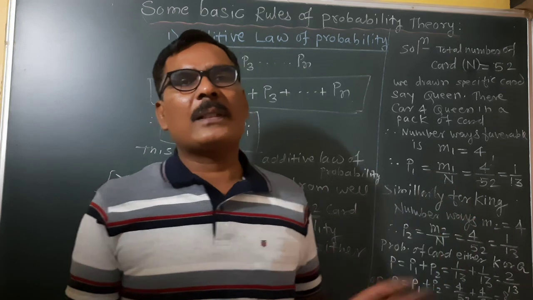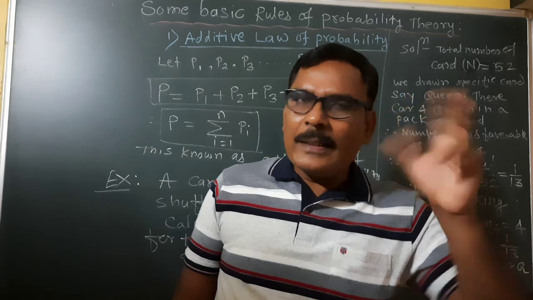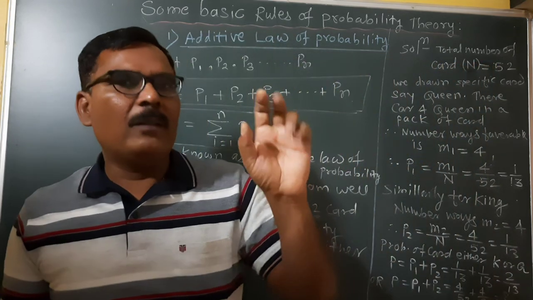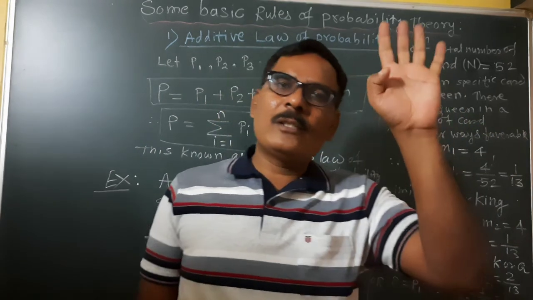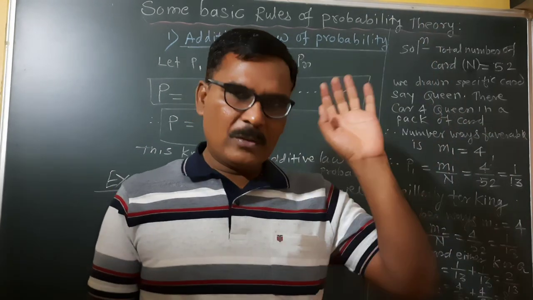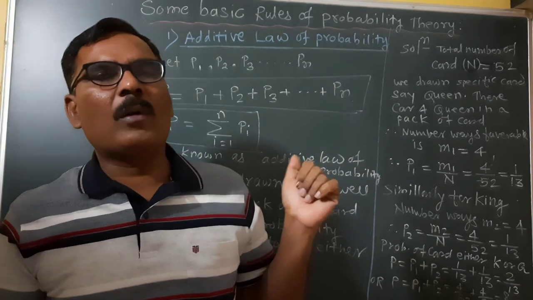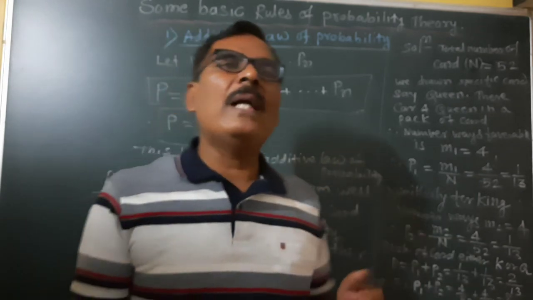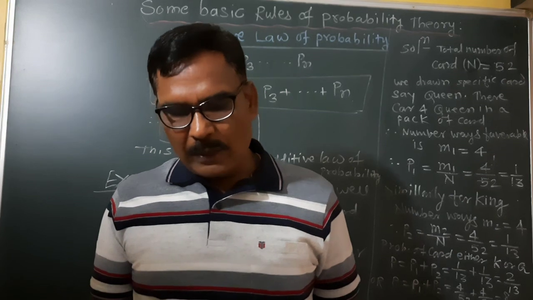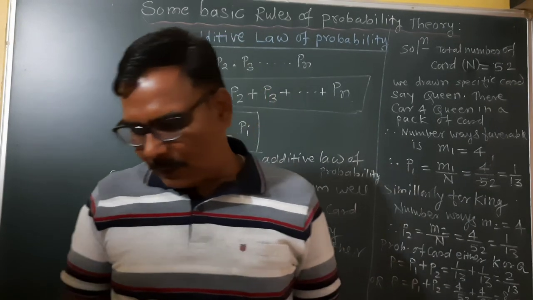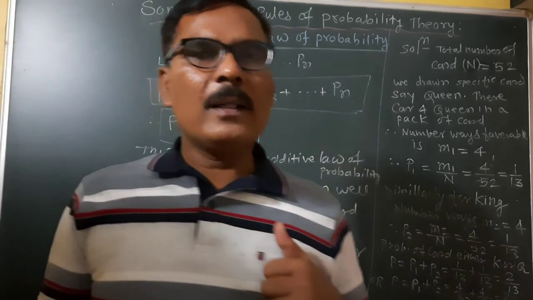This is the important condition for finding the probability of either king or queen, or queen or king, or ace or king. There are also 4 aces, 4 jacks, and 4 queens, so the answer is similar when drawing a card and finding the probability of either king or queen.